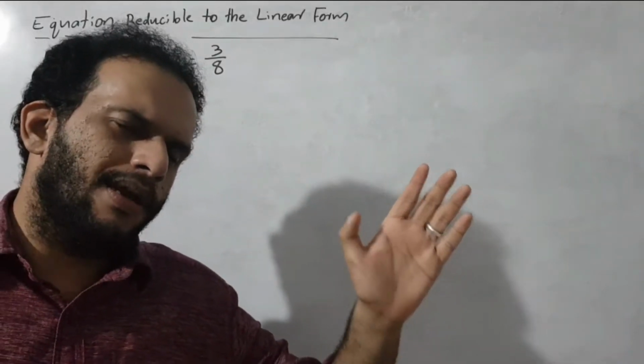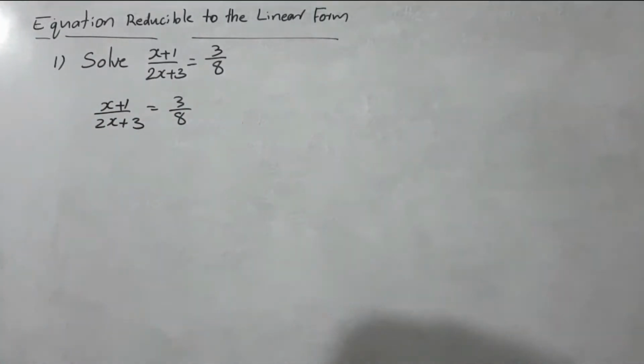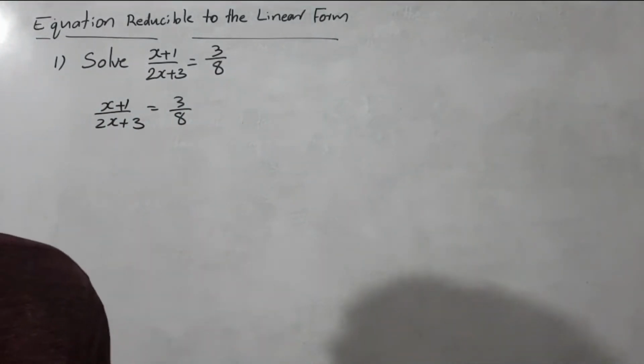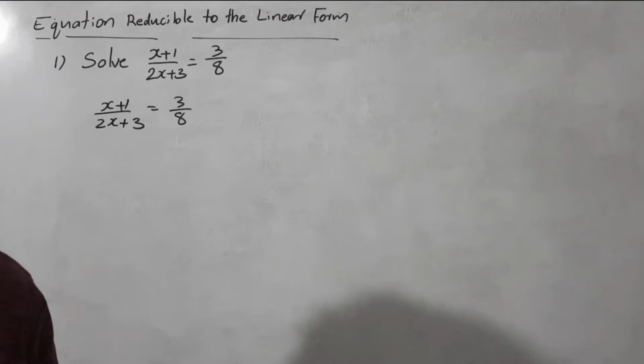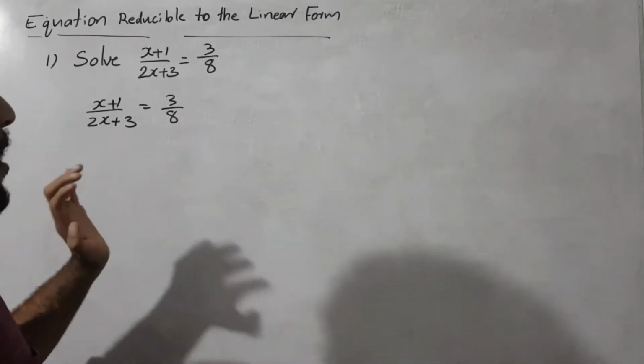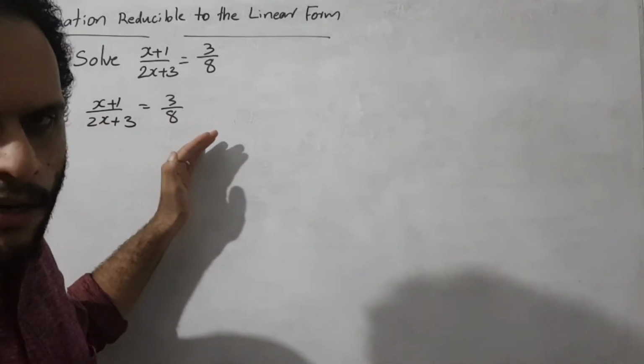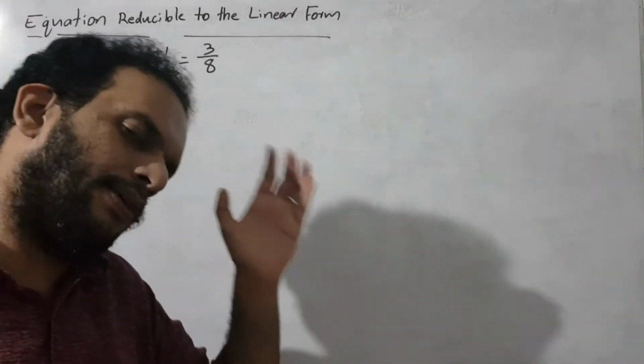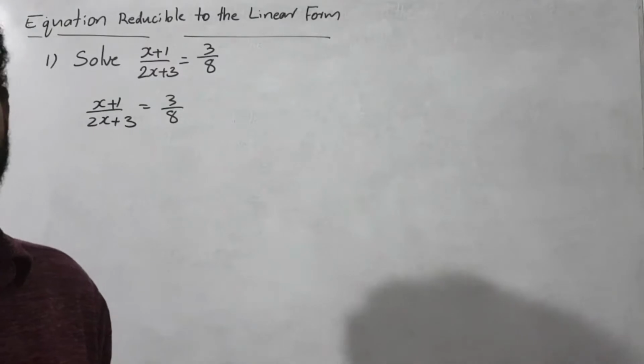What is that one? Yes, the next step is cross multiplication. On both sides of the equality sign we have a fraction, so we know the next step is cross multiplication.